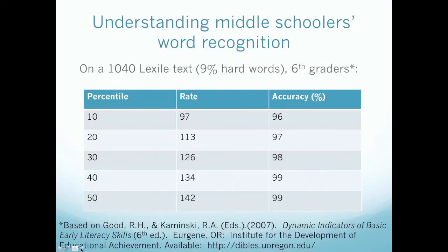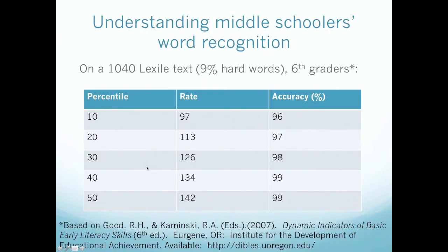But students aren't reading very quickly. We speak as adults at about 150 words a minute, and that appears to be for silent reading. Actually, that's a fairly slow rate, but for oral reading, and this test was actually done orally, you want students to be reading within that range. So the 50th percentile kids are about where you want.